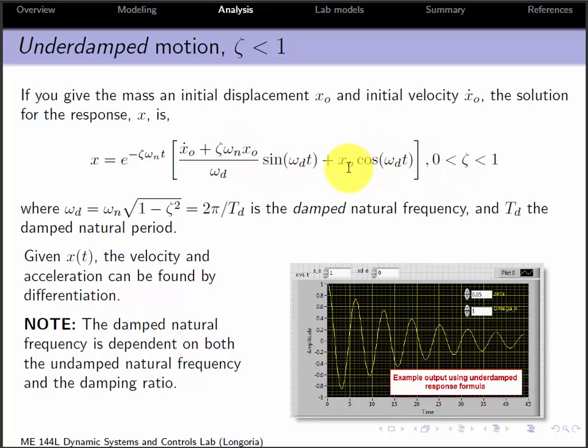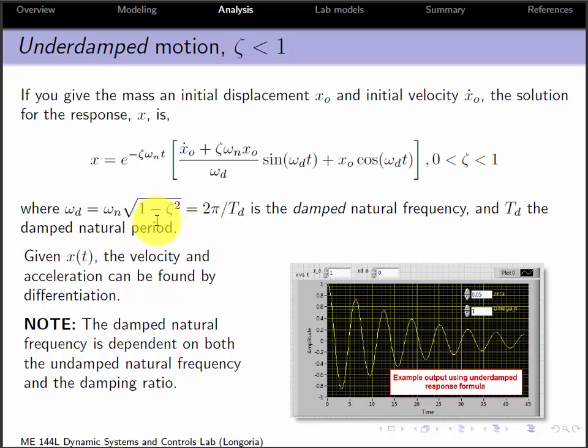Of course, we'll run experiments in the lab just to verify, to show how well we can find these, how well we can specify them. The other important parameter is that now in the underdamped case, we're defining a new natural frequency, the damped natural frequency. And look how it's related to the undamped natural frequency.